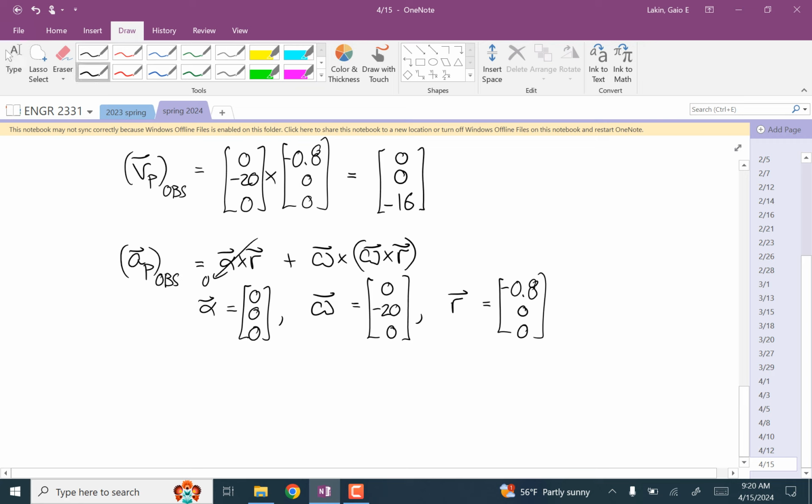And so the acceleration of P that's observed in the coordinate system is equal to 0, -20, 0, crossed with omega cross R. Well, that's what we got for the velocity, so I'll write it like this first.